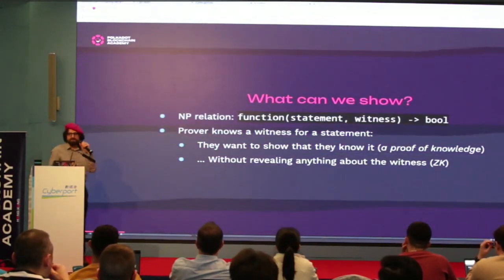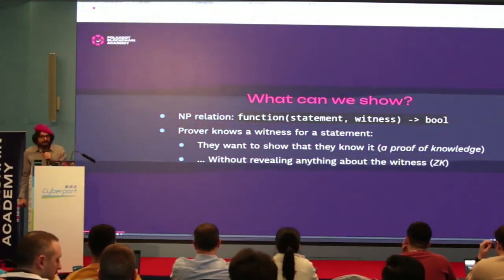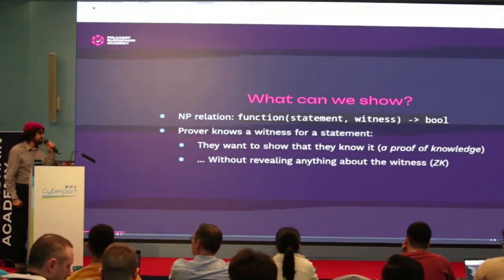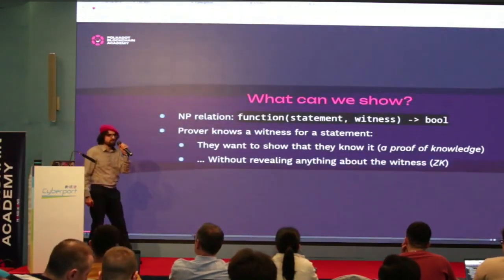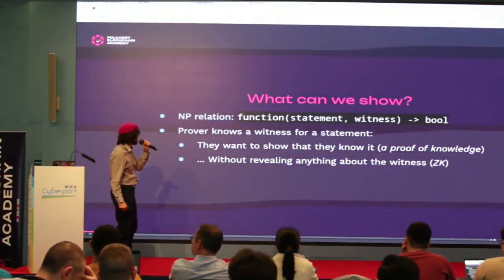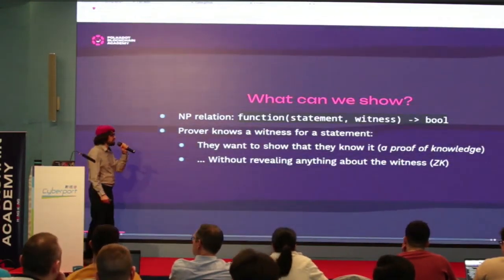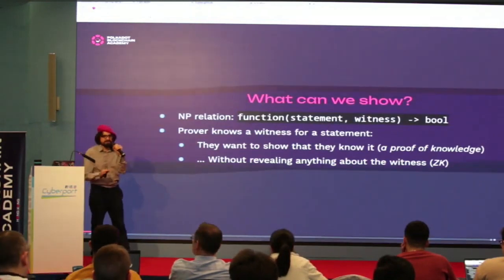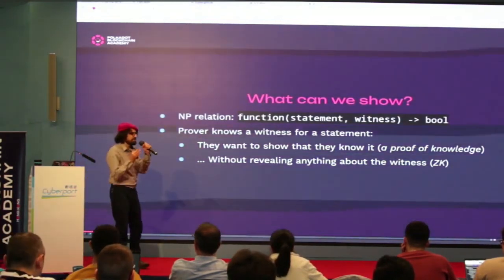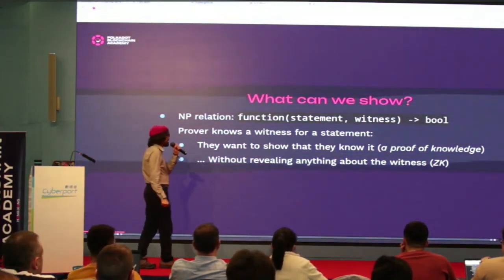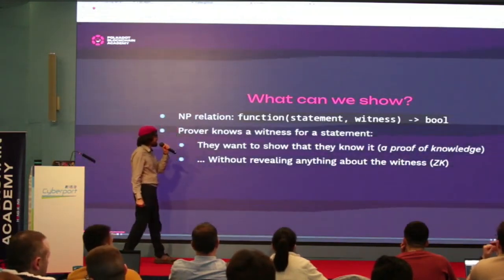It is secret information, yes. So they use the jargon public input and witness, and usually the witness is the secret. So the statement is public. We know what we want to prove, but the witness is not. There are examples where the statement even is secret, but we don't touch them in this.